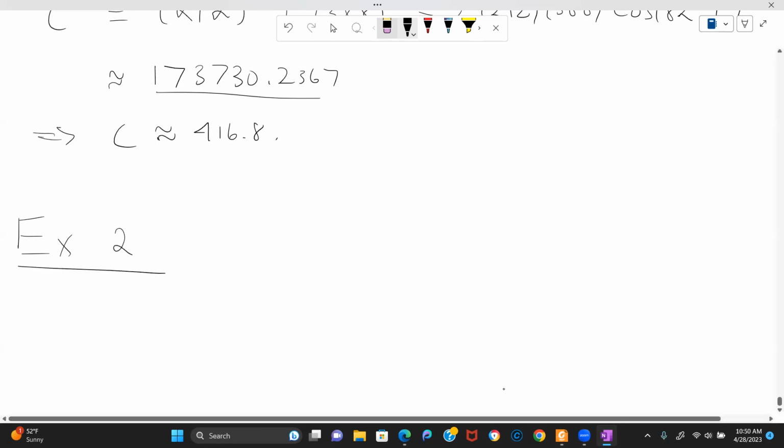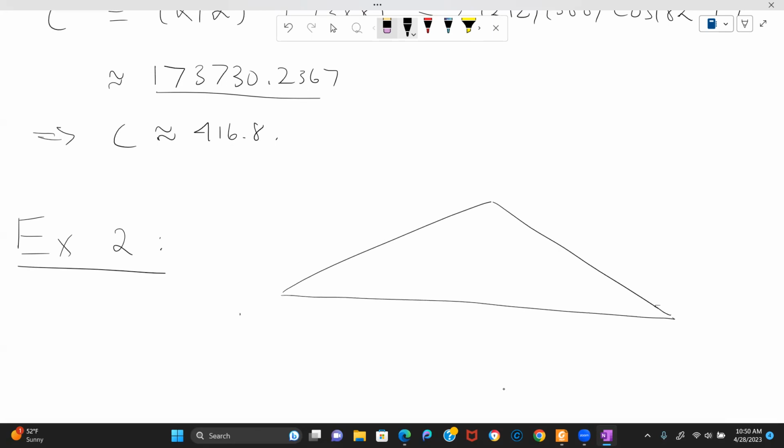So this is example 2, and we're given a triangle that looks something like this. So I have A, B, and then C, and then we have B is equal to 8, A is equal to 5, and then C is equal to 12.